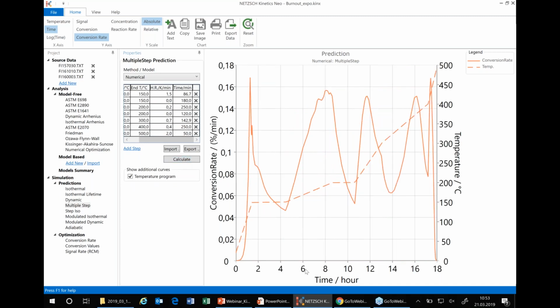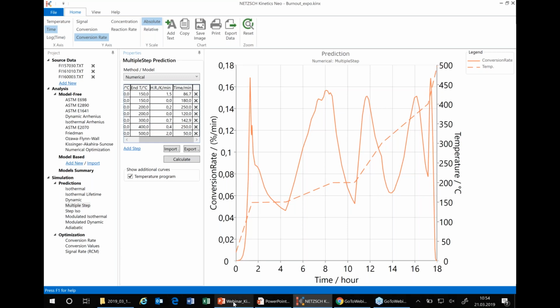Right. Now we finally have the conversion rate reduced 3 times in regard to the previous conversion rate, which was for the non-optimized temperature program, and the time was reduced from 29 hours to 18 hours.